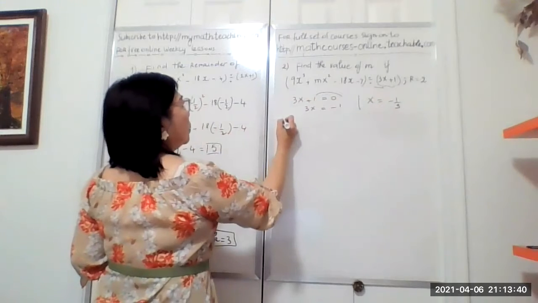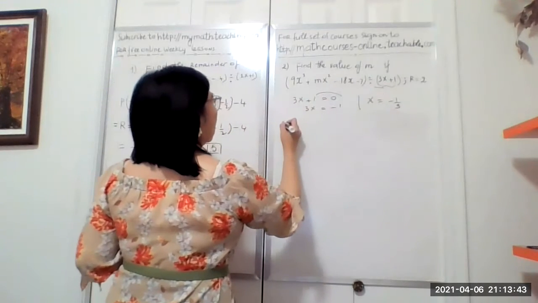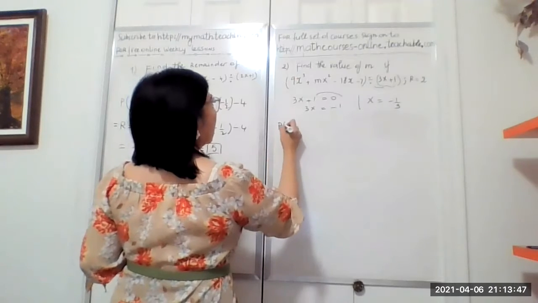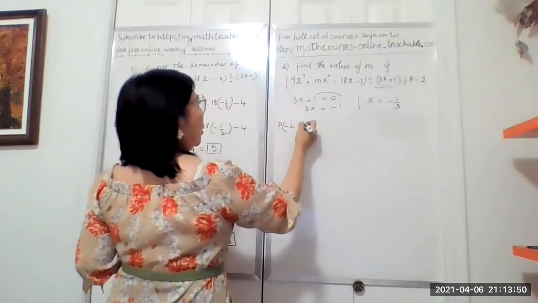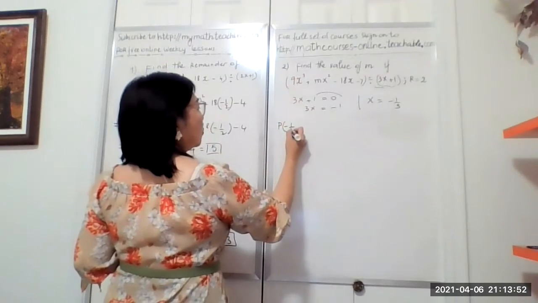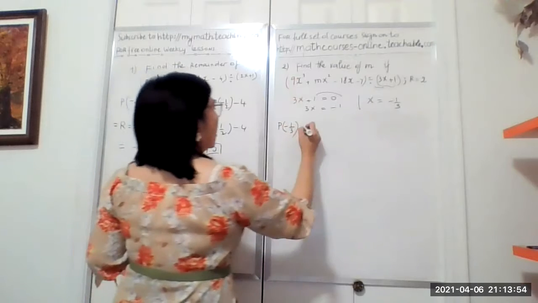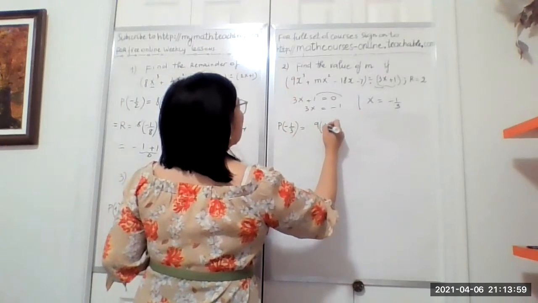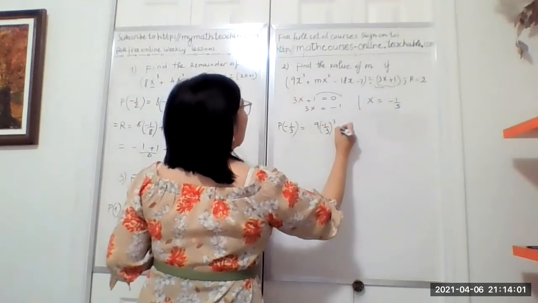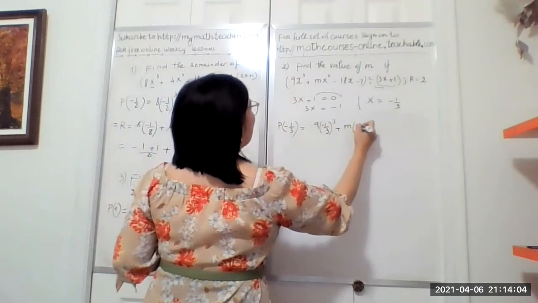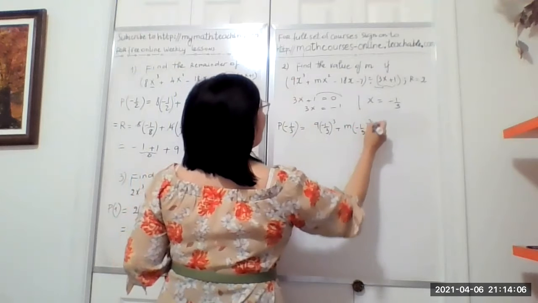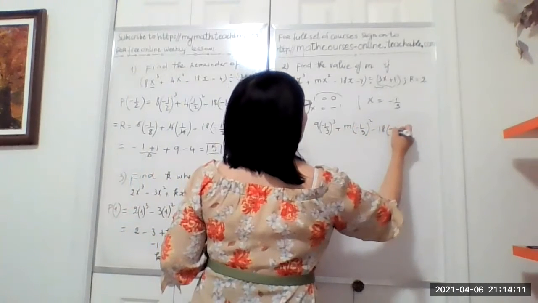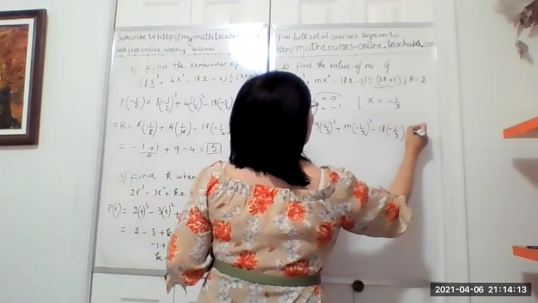So now we're going to substitute x equals minus 1 over 3 in this expression. So the x of the polynomial we substitute by minus 1/3. So we have 9 times minus 1/3 to the power 3, adding m times minus 1/3 squared, minus 18 times minus 1/3, minus 7.